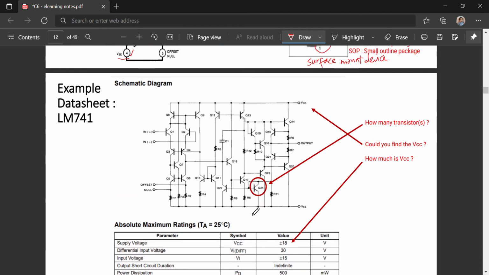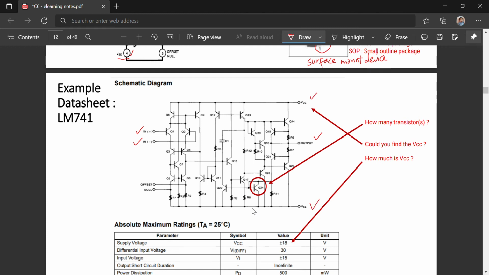This is the schematic diagram for the LM741. Here we can see there are only two inputs for the op-amp to operate, and only one output, with voltage supply VCC and VEE.